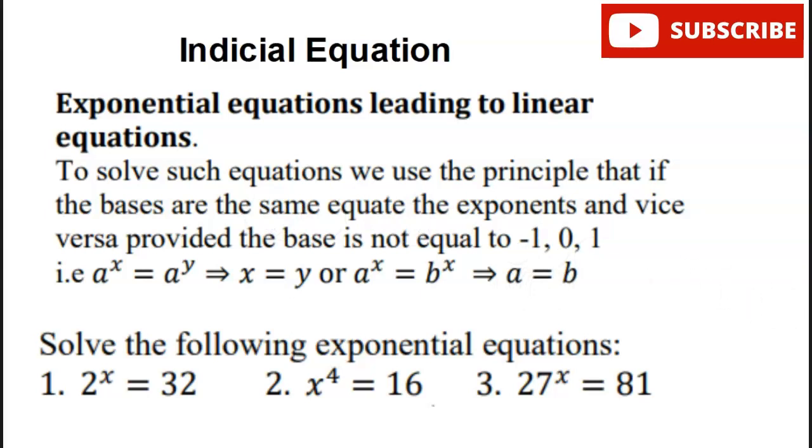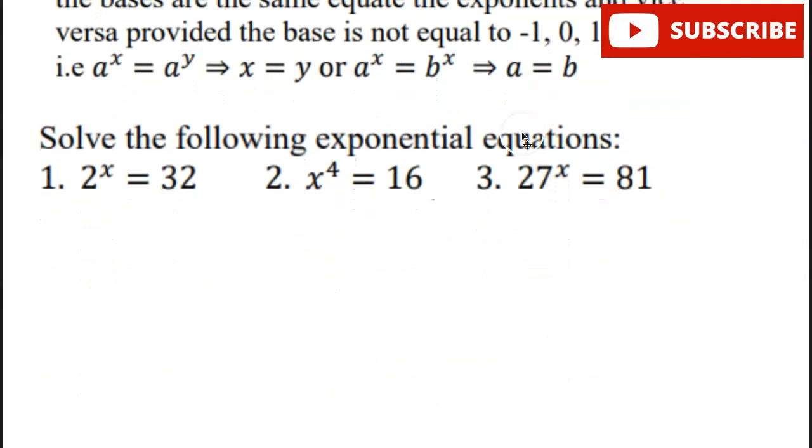I have a number of examples here, so we are going to look at how we use this principle to solve them. The first one: 2 raised to the power x is equal to 32, and we are to find x. Now to solve this, you look for the least base and then you try to express the other one in terms of the least base. The main aim is to make sure that the bases are the same.